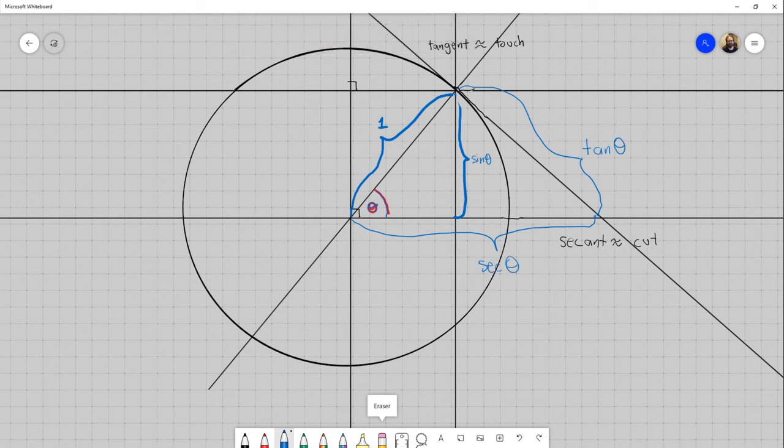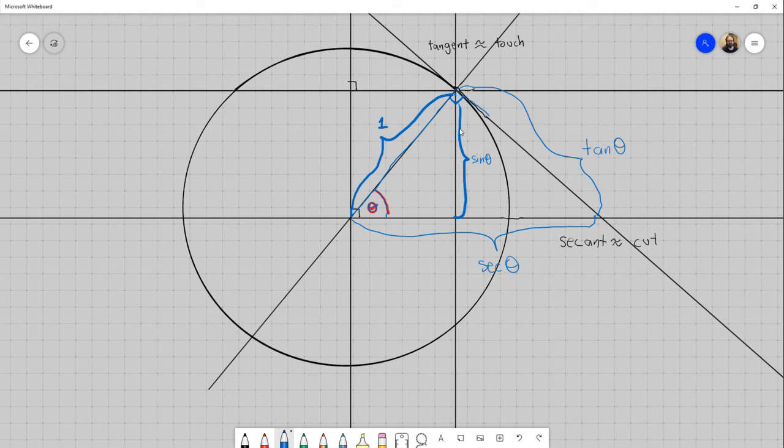Now here we've got an acute angle theta. And so you can verify using right triangle trigonometry. For instance, this right triangle: it turns out that our tangent line and our radius right here also form a right angle. So we've got this blue right triangle here with an acute angle theta.